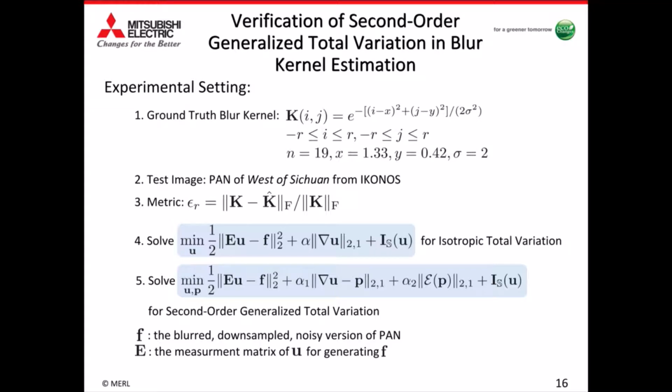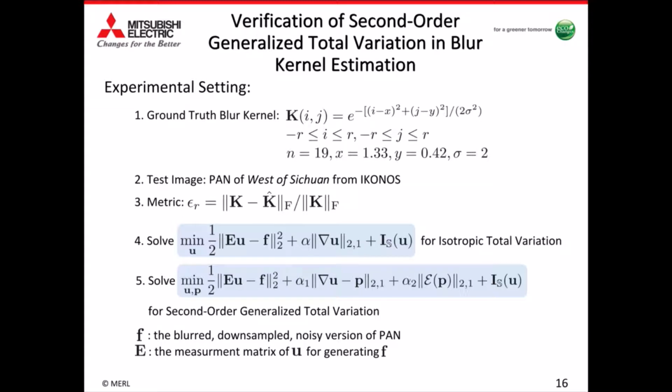We first have a ground truth blur kernel characterized by a Gaussian with some non-integer offset, and we use the blur kernel to blur a panchromatic image, followed by downsampling and adding noise.